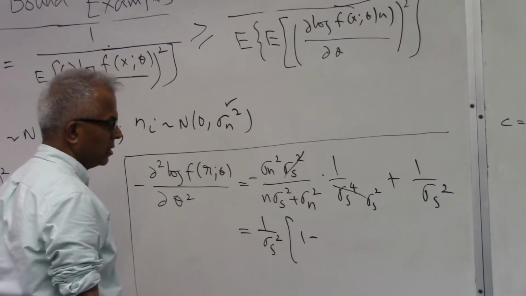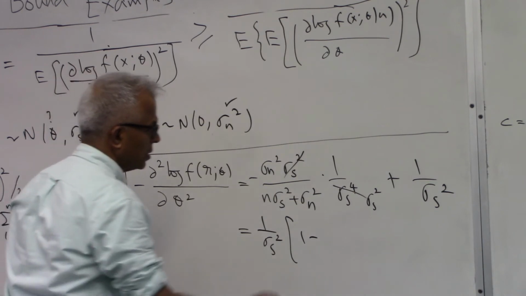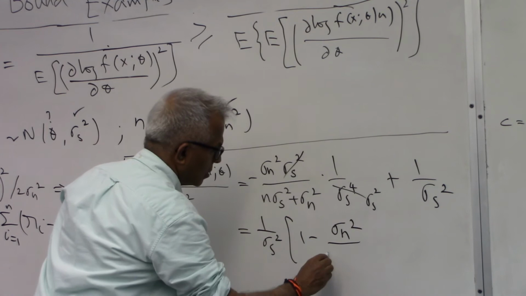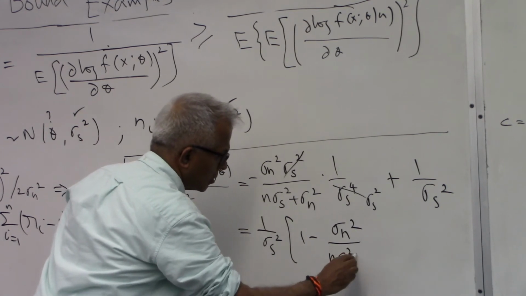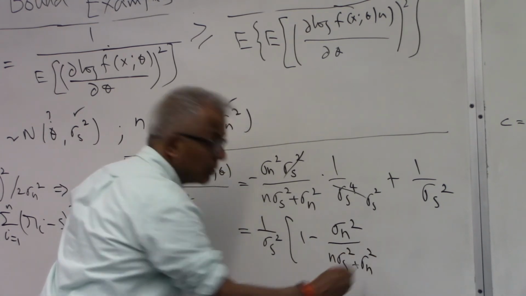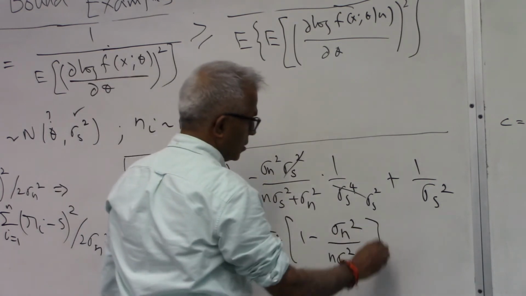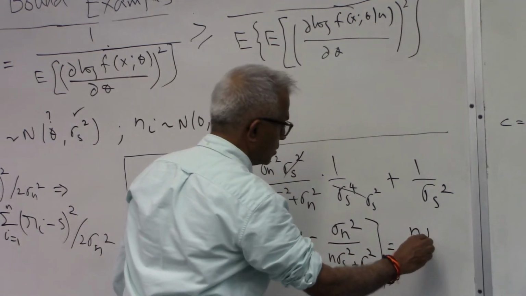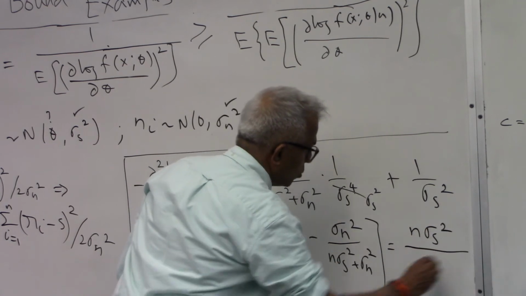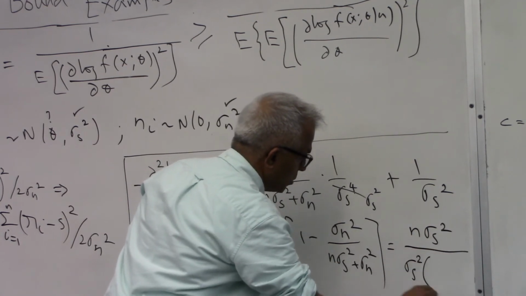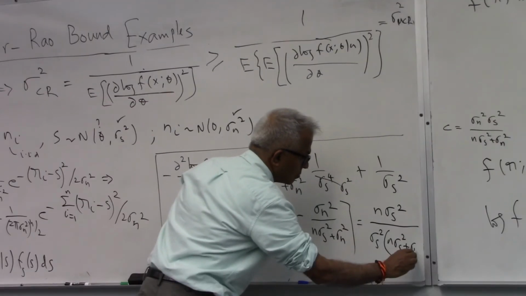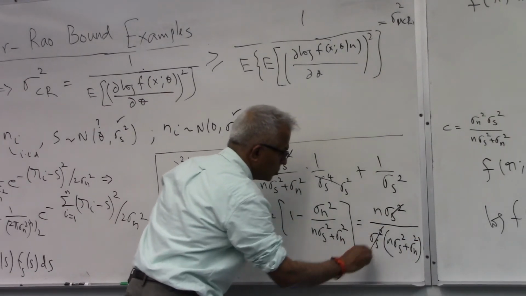What is it? If you take it, sigma n squared goes away, you get n sigma s squared over sigma s squared multiplied by, and this also goes.